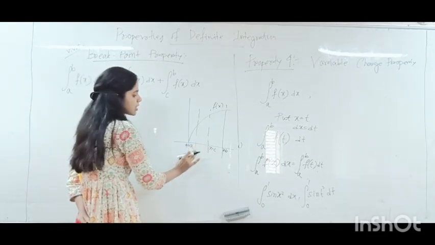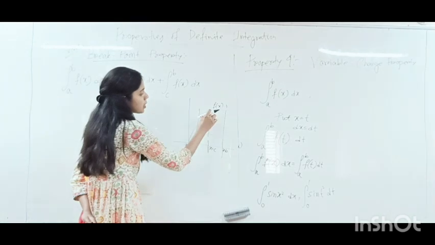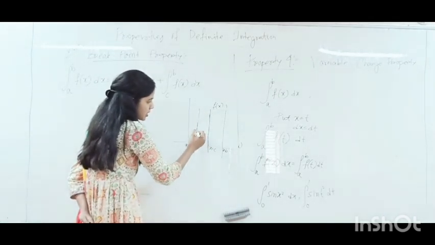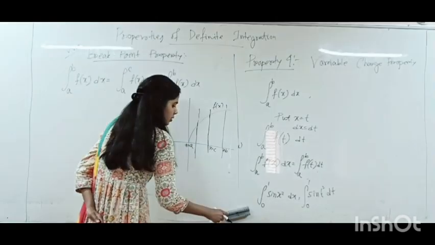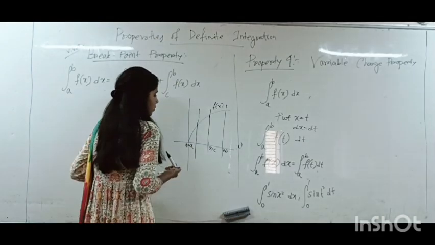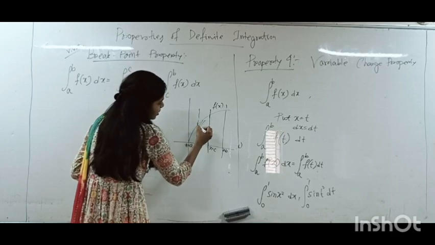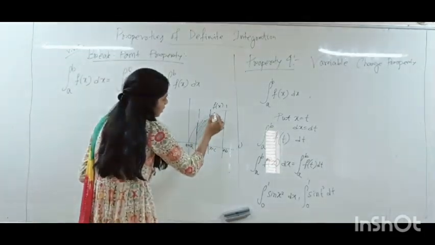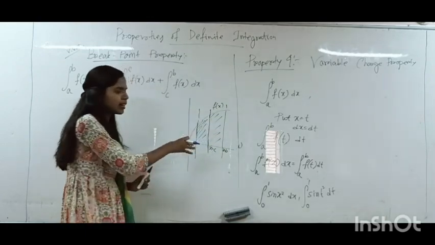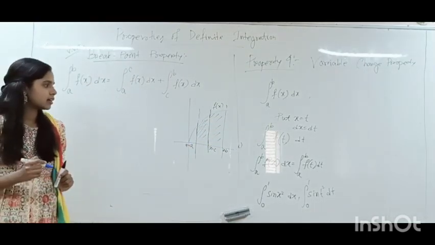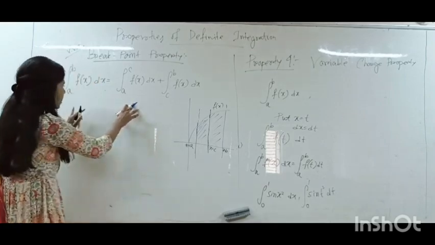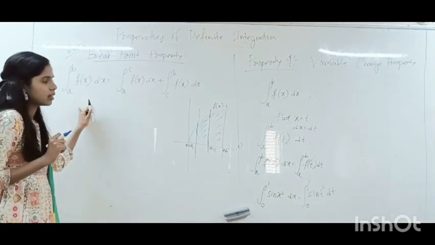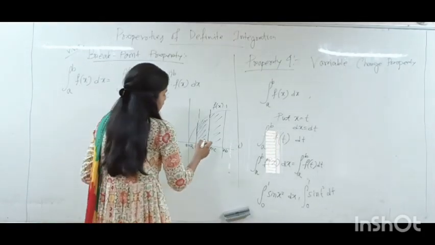We can first derive this area's value and after that derive this other area's value. Adding them, we get the total area. So it is just written mathematically, and I am showing it graphically.